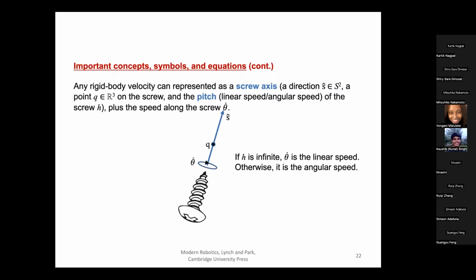So it turns out that every rigid body motion in three-dimensional space, that means a rotation followed by translation, is equivalent to what is called a screw motion. What do I mean by a screw motion?